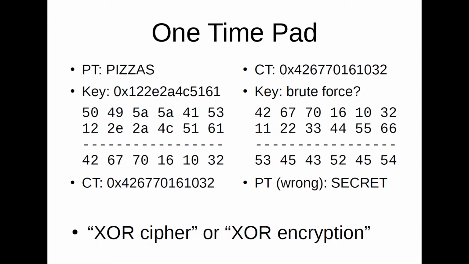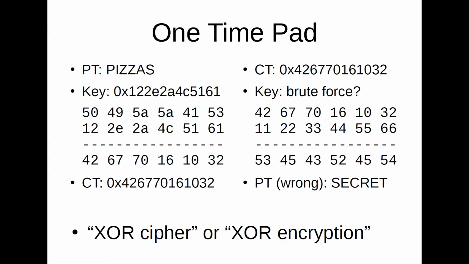And then here's an example where you have a plain text word, for example, pizzas, and then you have a key as below. If you want to encrypt that, one way to do it is to convert the word pizzas into ASCII, and then XOR the key onto it, and then you get a ciphertext as below.